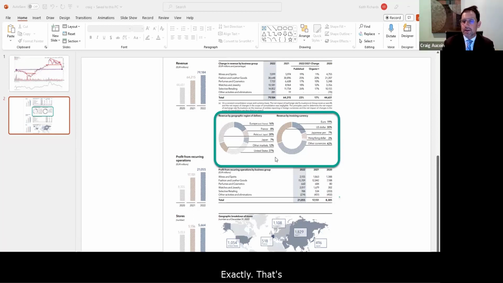Exactly, that's the overall understanding I wanted to present and walk away with. You're not denying that they're great companies, but it's the makeup. You think you're getting diversification on a geographic basis, and it's not quite as it appears.